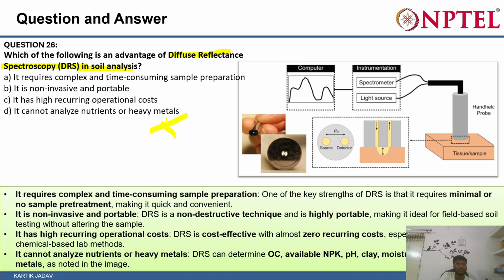So this is incorrect. This is also incorrect. And among these, the non-invasive and portable option. So DRS is a non-destructive technique and highly portable, making it ideal for field-based testing without preparing the sample. And DRS does not involve high cost. It is a cost-effective technique, right? So the correct answer is option B.